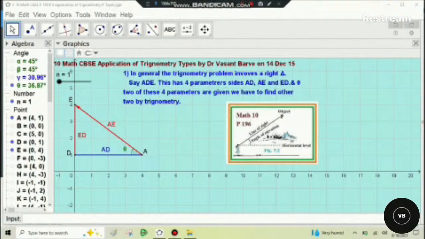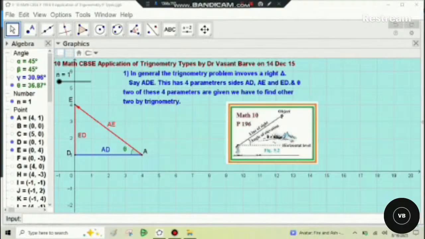Then we can measure this distance, measure this angle, and hence find out at what height the kite is flying. So this becomes a sort of problem of trigonometry.